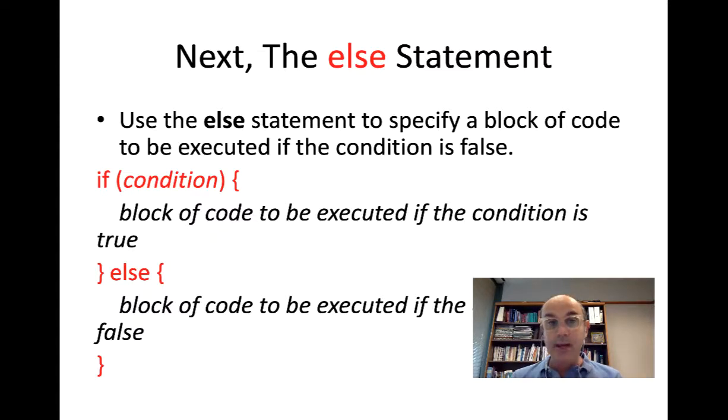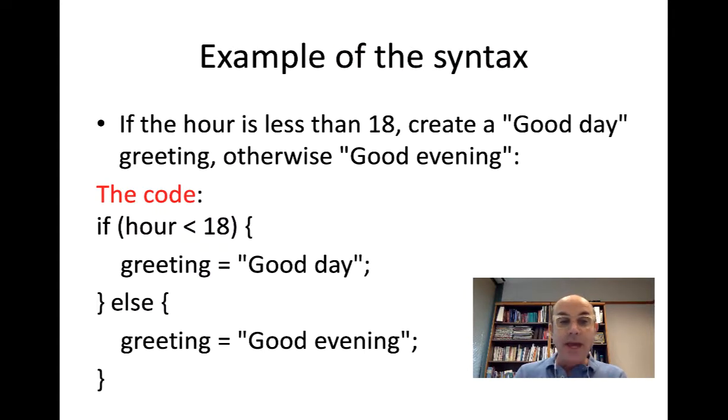Okay, continue with the if-else statement. Again, the else block is the code to be executed if the condition is false. So in this case, if the hours is less than 18, greeting is "Good day", otherwise greeting is "Good evening".